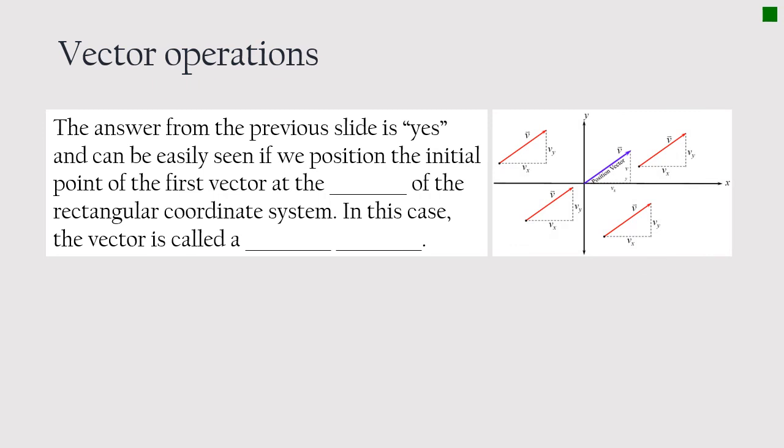Basically, it can be seen really easily if we position the initial point of the first vector at the origin, right here. In that case, that vector is called a position vector.